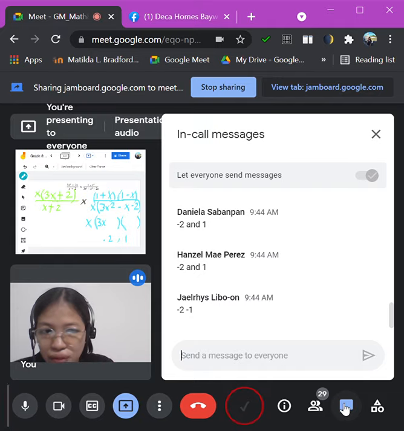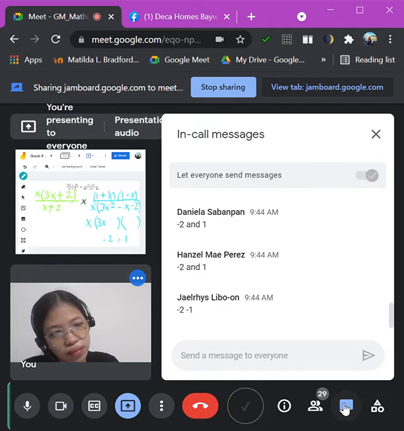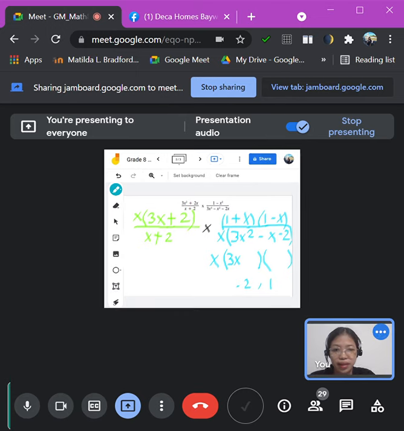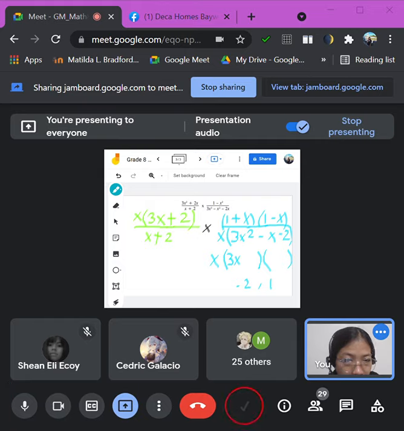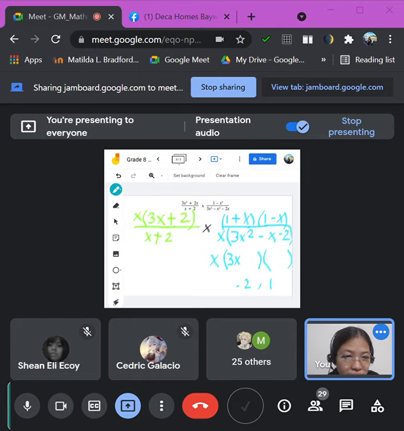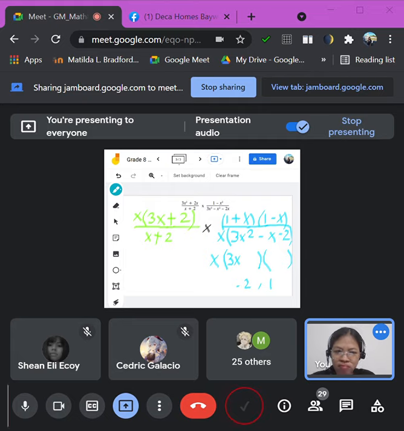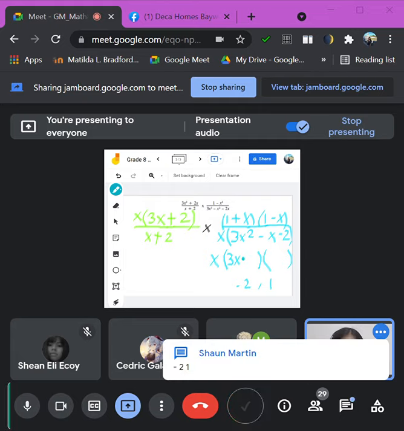Negative 2, negative 1. Yeah. Negative 2, negative 1. Sakto ba? Or positive 2, negative 1. Kaya if negative 2, negative 1, right?